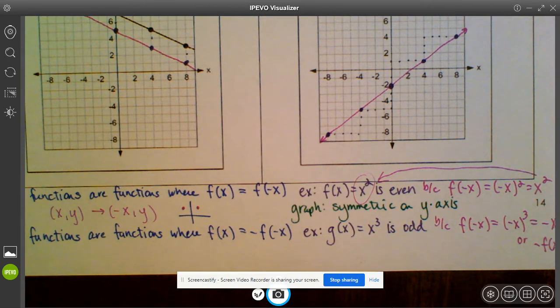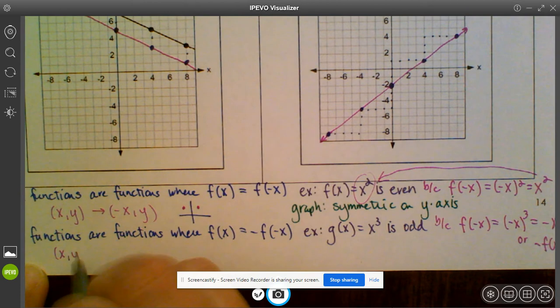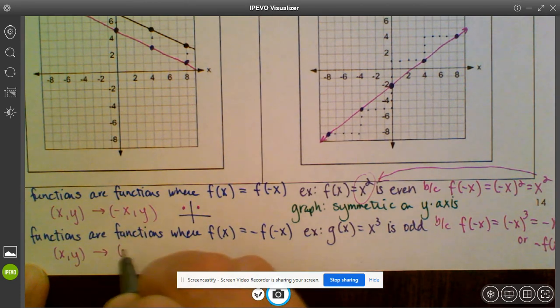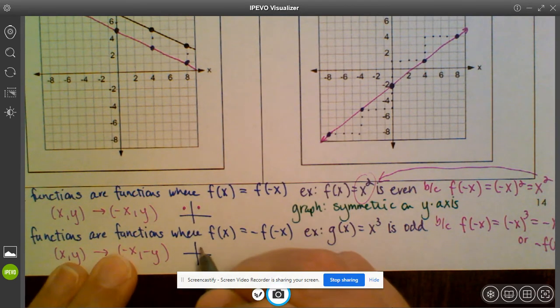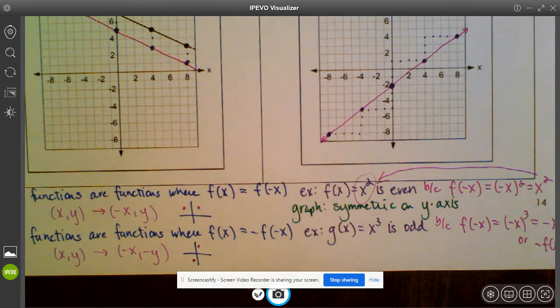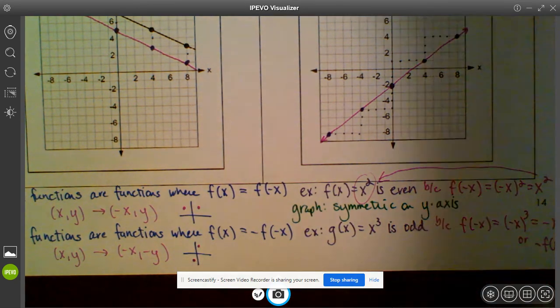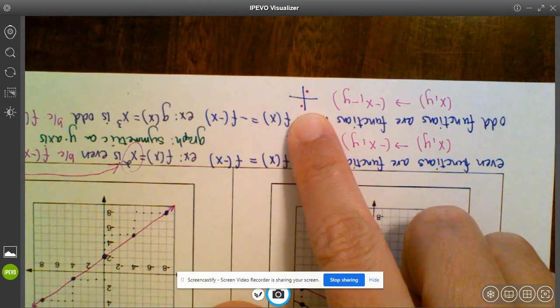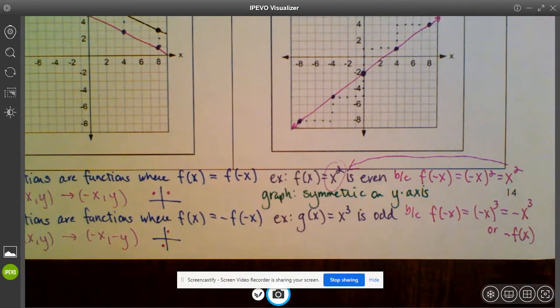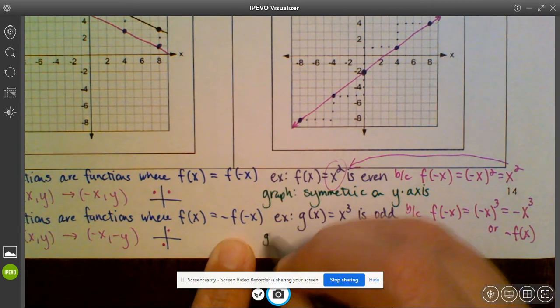When I'm dealing with odd functions, if xy is on the graph, then negative x, negative y is on the graph. And what does that look like? Well, that's going to look like this. If I have a point here, then I've got a point just like it on the other side. Remember doing that in 8th grade math when you had to do your 180-degree rotation? When I do a 180-degree rotation, I get the same thing, okay? So we actually call this symmetric about the origin.